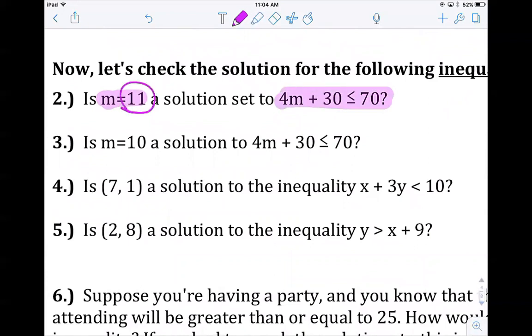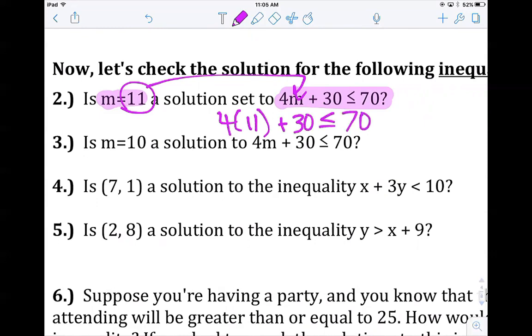So what we're going to do is take our 11 and substitute that in for m. Because it's 4m, that means 4 times m, or 4 times 11. So we're going to do 4 times 11 plus 30 is less than or equal to 70.